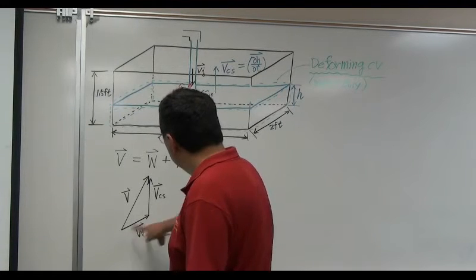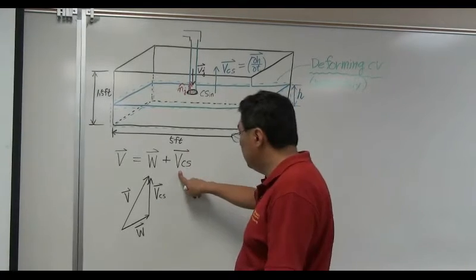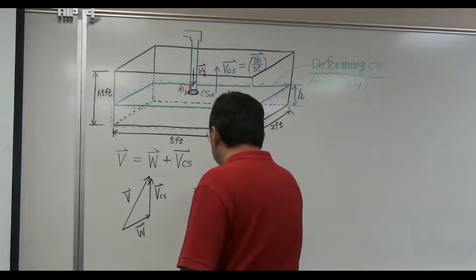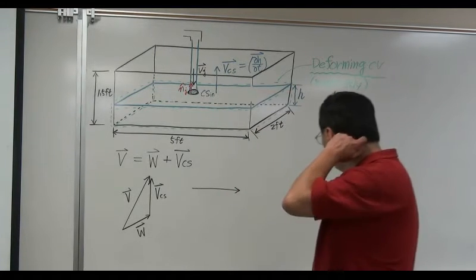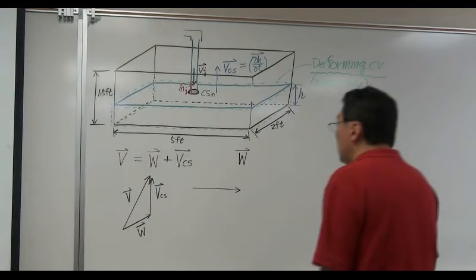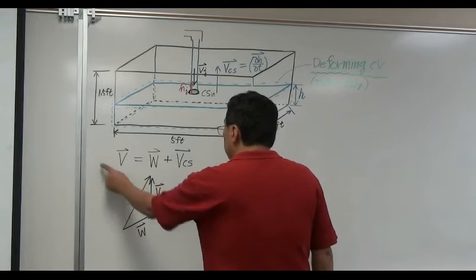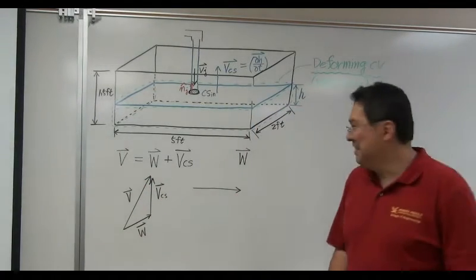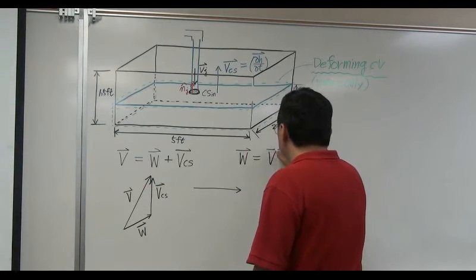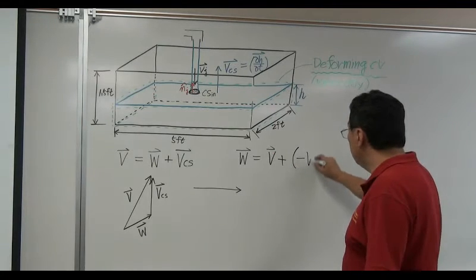Relative velocity added together with velocity of control surface, which is the moving control surface, is going to be absolute velocity. So this really means, how do you get the W? Well, W can be given by V minus VCS. W is given by absolute velocity added together with the negative of VCS.